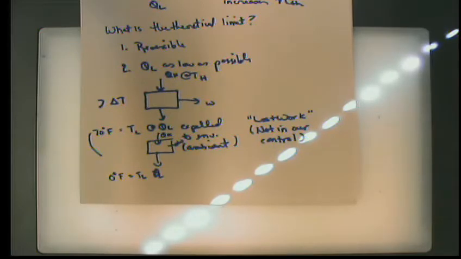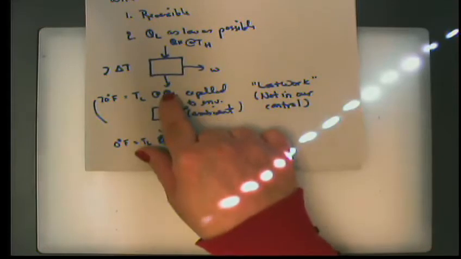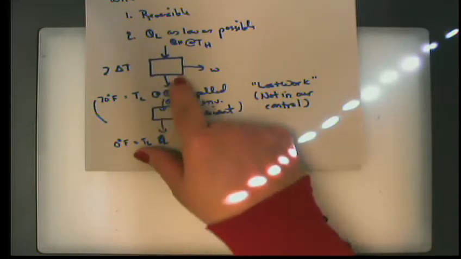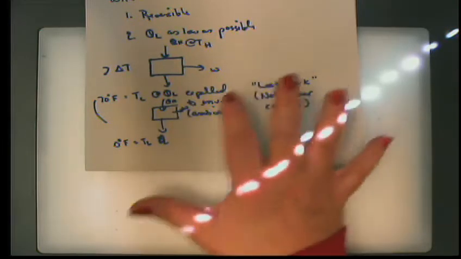So all of those ideas are lost work. So there's some theoretical minimum of work that we're going to lose, based on what the atmosphere is, since we can't change that.